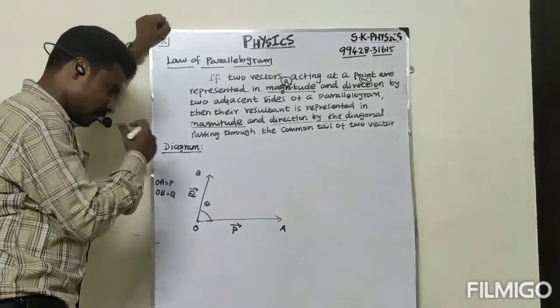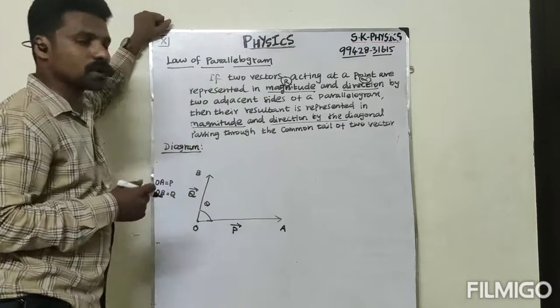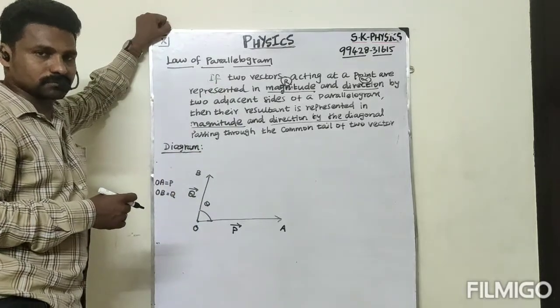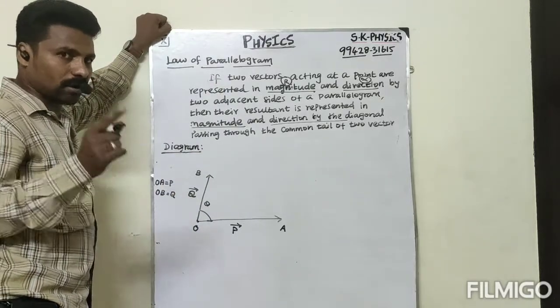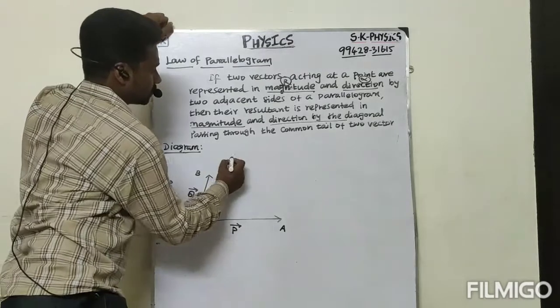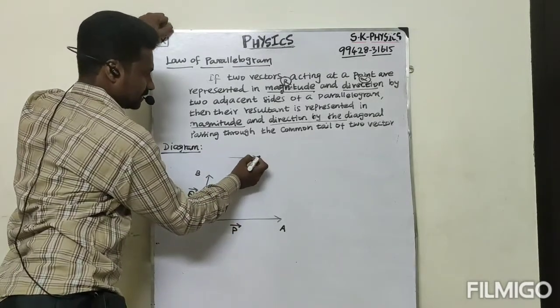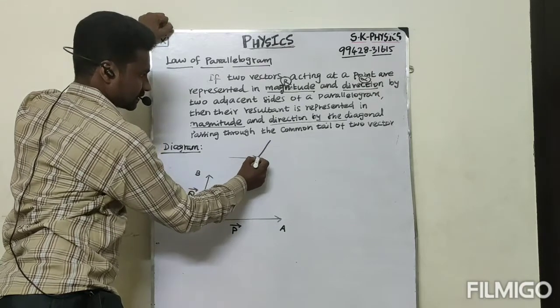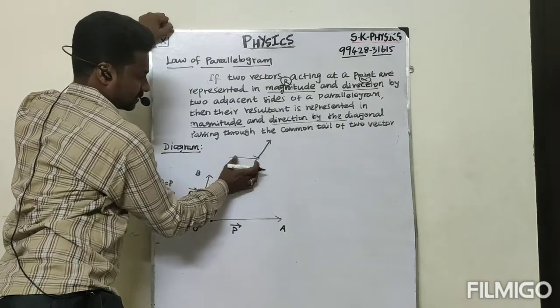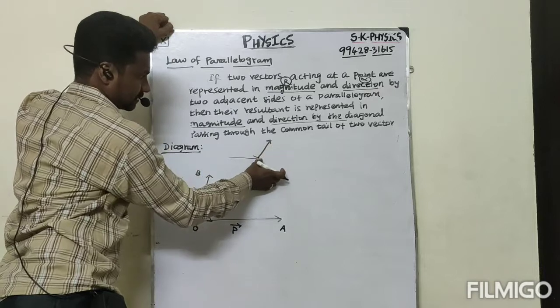Now, how do we add the two vectors? You know very well the law of vector addition. The first vector's head is connected with the second vector's tail.